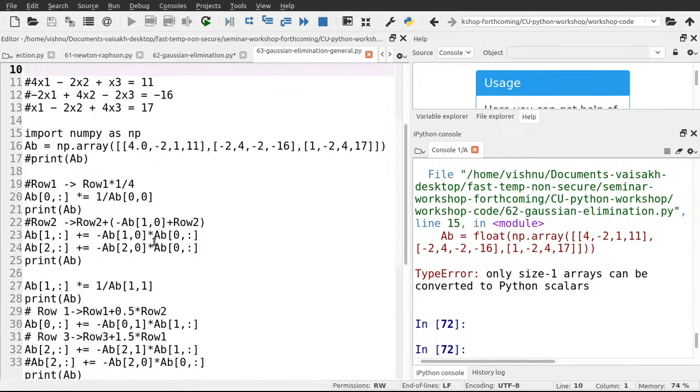So while writing the general program, what are the essential things that we have to check? The one important thing is how many times we need to iterate. Suppose it's an n by n coefficient matrix, not necessarily.